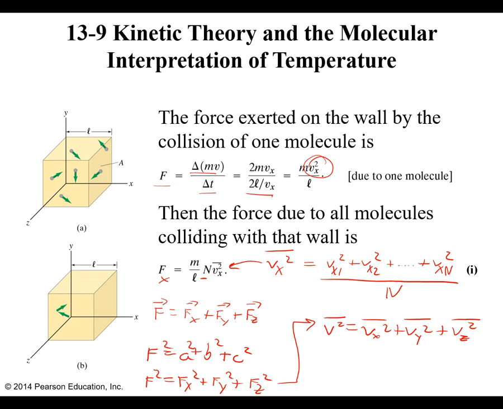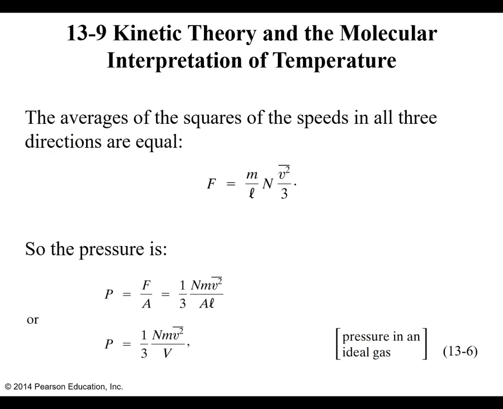They're going to have roughly the same average values. Therefore, your average v squared is going to be 3 times the average vx squared, or the average vx squared is going to equal 1/3 of your average v squared. And if you plug that in, this is the equation you get: force is equal to mass over length times N times v squared over 3.